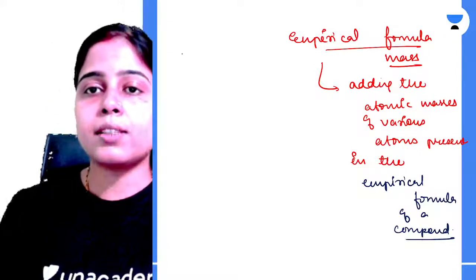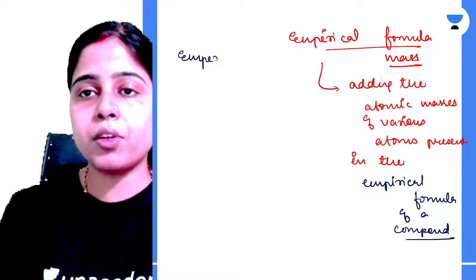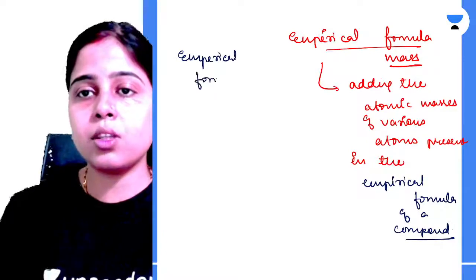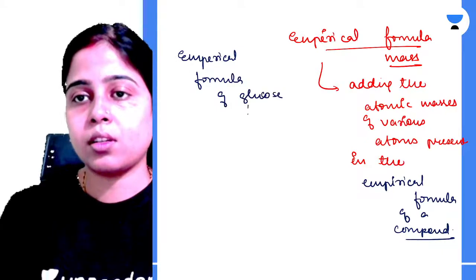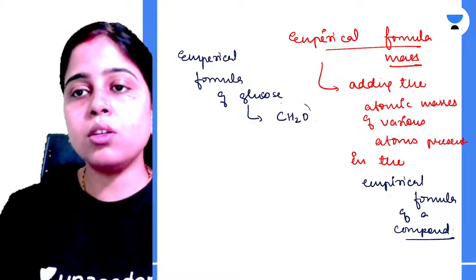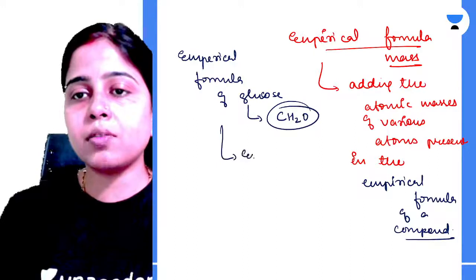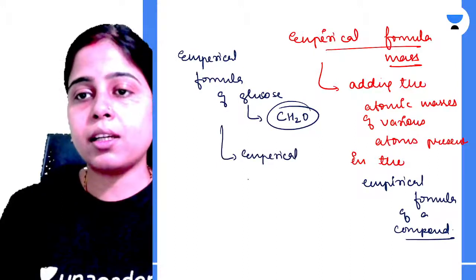Clear? So for example, the empirical formula of your glucose was CH2O. So what will be the empirical formula mass of this particular empirical formula?